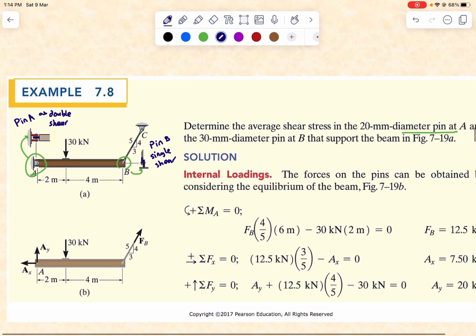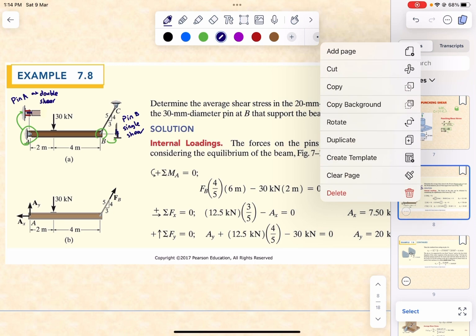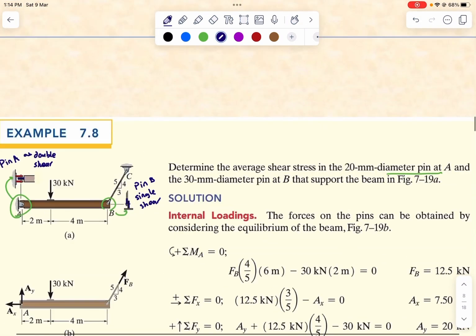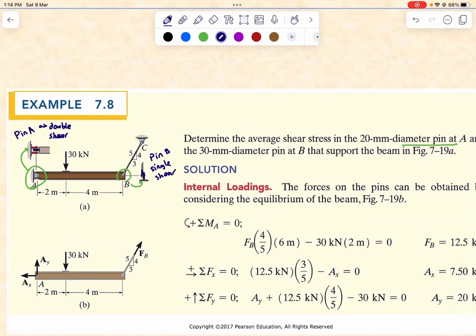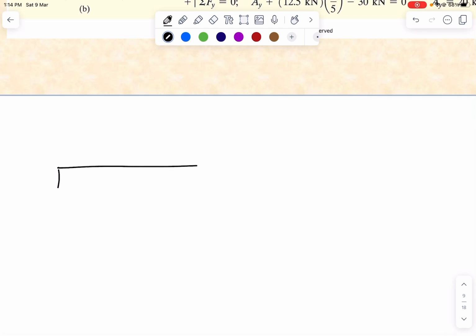Okay, now what do we need to find? We will go back to the internal loading lecture and we need to find the resultant force. So here, let's first of all start by drawing the free body diagram.